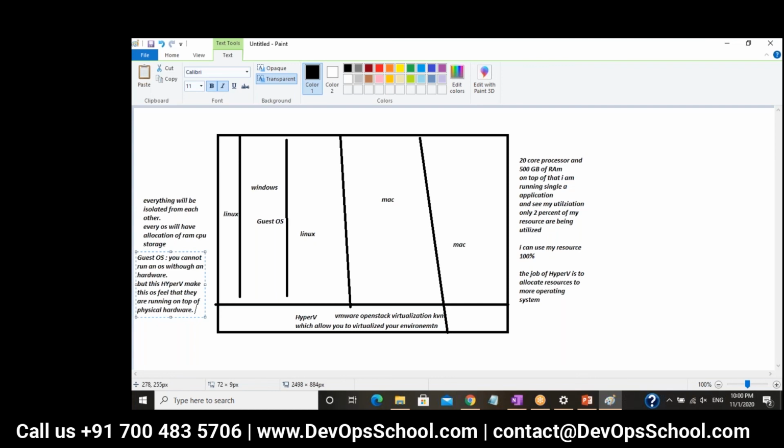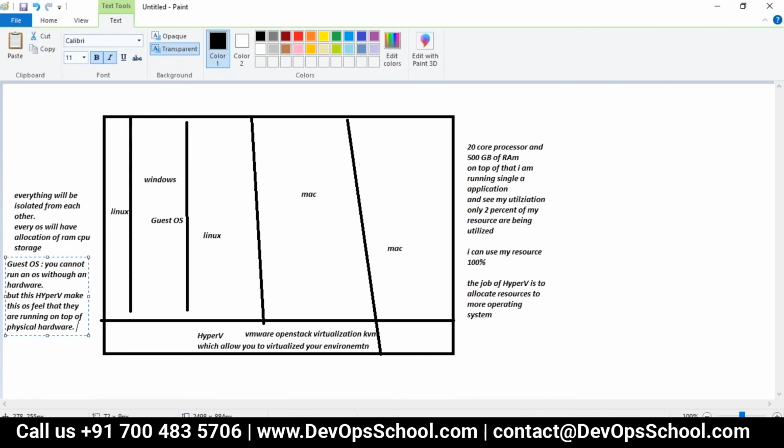Okay. So my question was how virtual machine and Hyper-V are different. A virtual machine also works on the guest operating system concept, right?